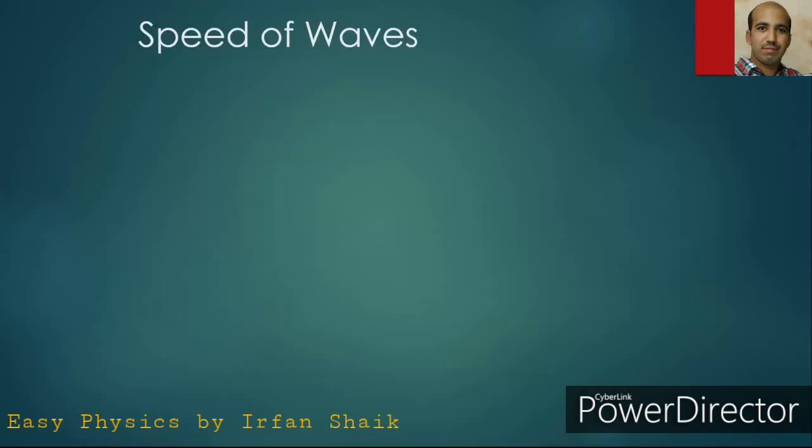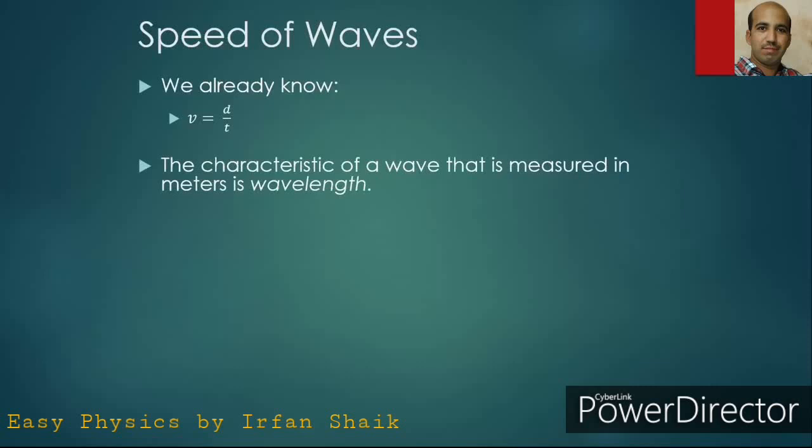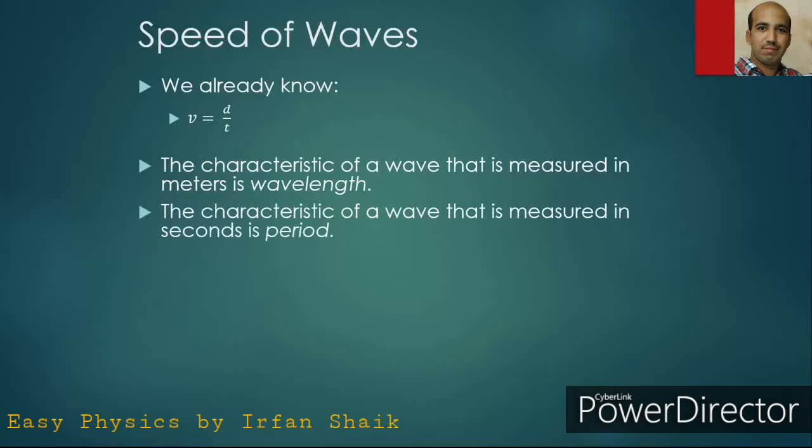Let's try to figure out the formula for speed of a wave. As we know, speed is equal to distance by time. So v is equal to d by t. The characteristic of a wave that is measured in meters is wavelength.